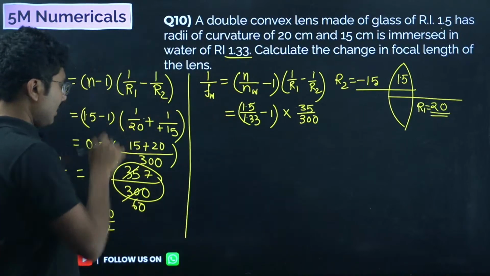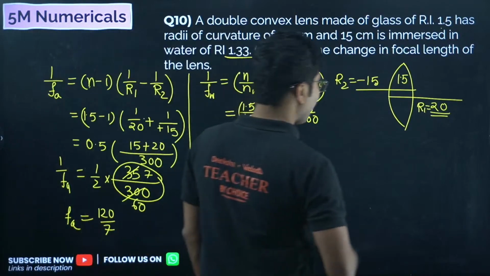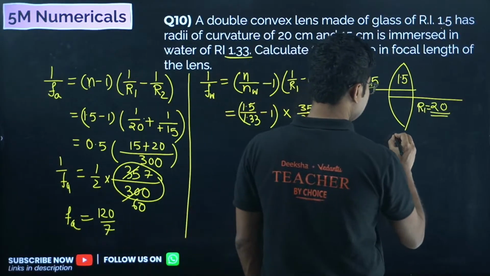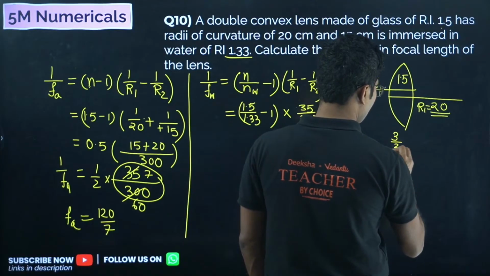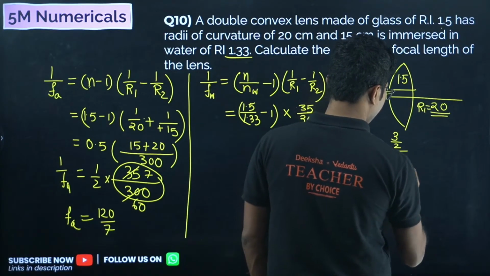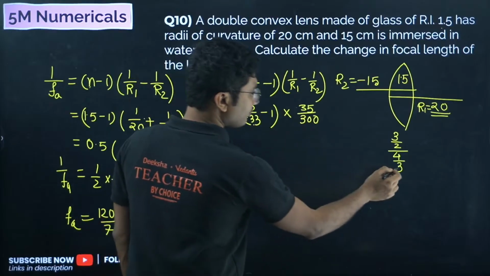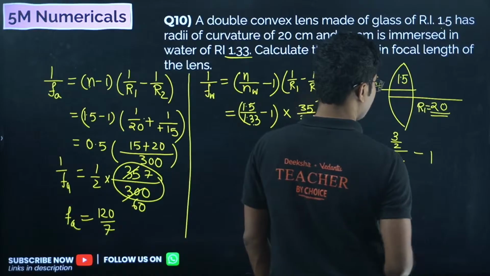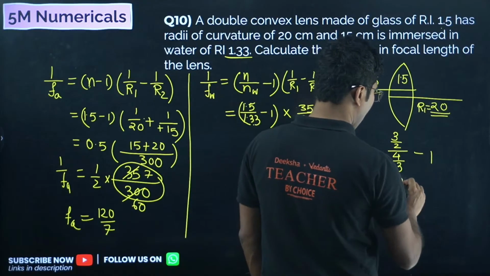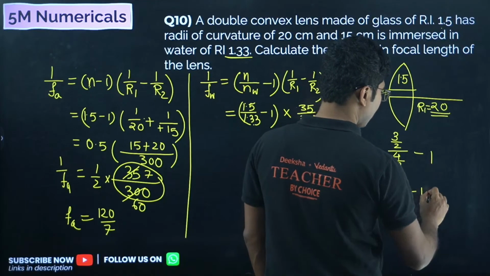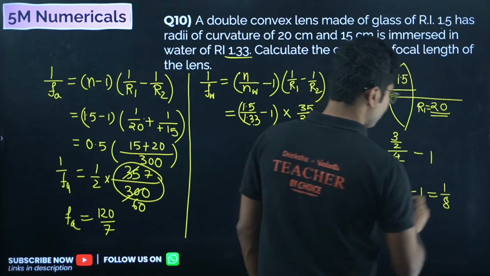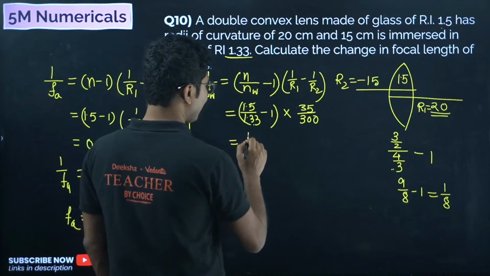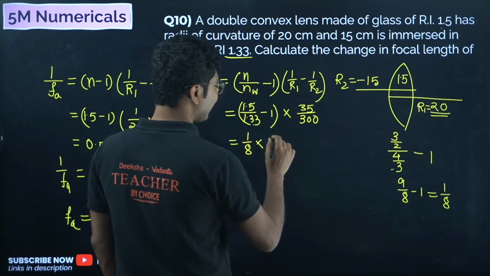Now 1.5 by 1.33 can be written as 3 by 2 divided by 4 by 3. 1.33 is 4 by 3, 1.5 is 3 by 2, minus 1. So that can be converted into 9 by 8 minus 1, or it will be 1 by 8. If you calculate everything without using a calculator, you will get this value as 1 by 8, which is much better than using a calculator.